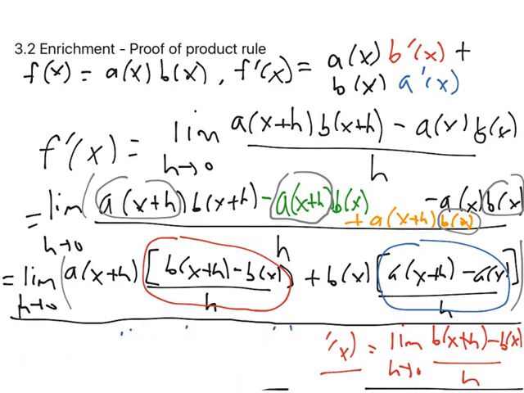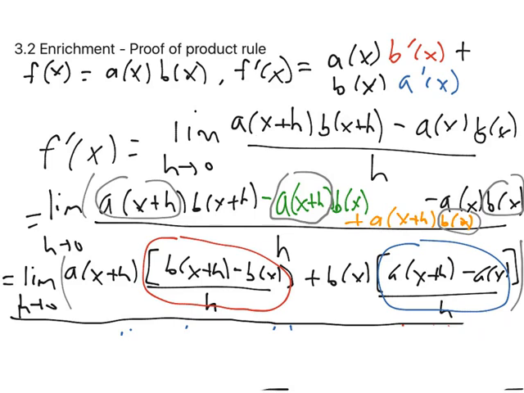And also notice, one more thing, that the limit as h goes to 0 of a of x plus h is just equal to a of x. Because that's true, as we evaluate the limits, the limit is gone.